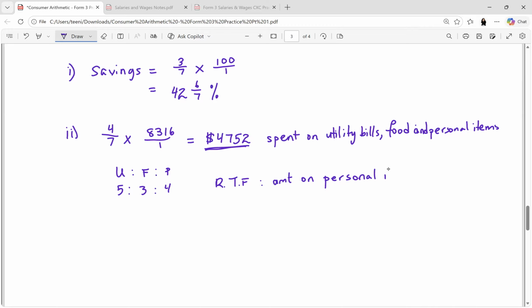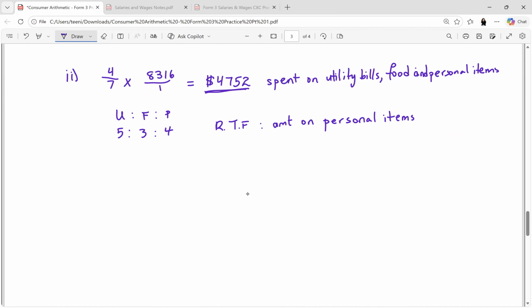And we just need to find the amount spent on personal items. Anybody has any clue how we would do that from the ratio? Yes, tell me, honey. Miss, you add up all the ratios and you put personal item and you make it a fraction and you multiply that by the total.